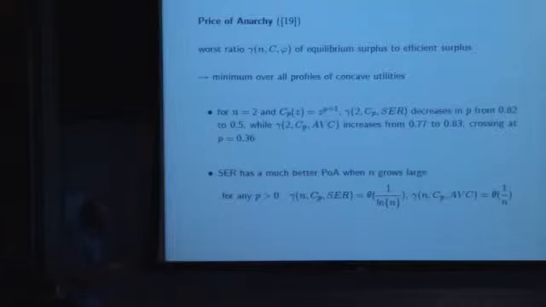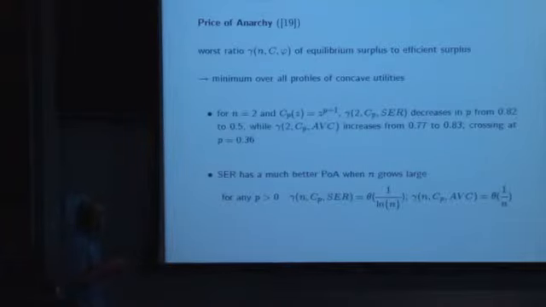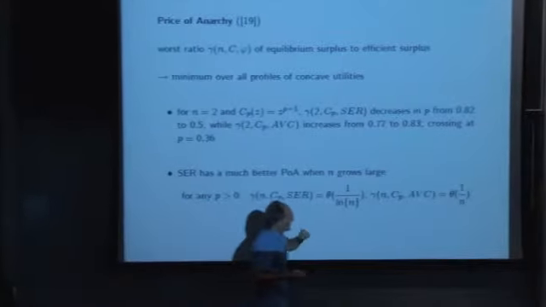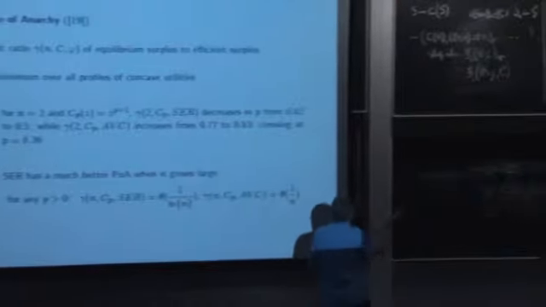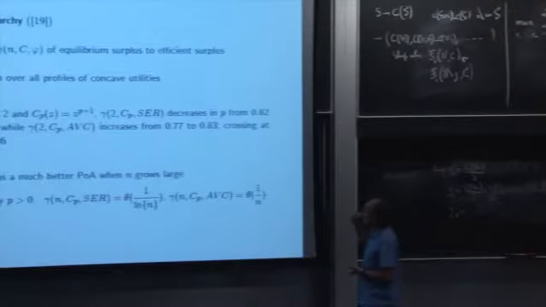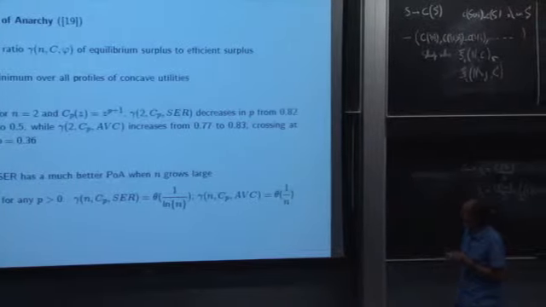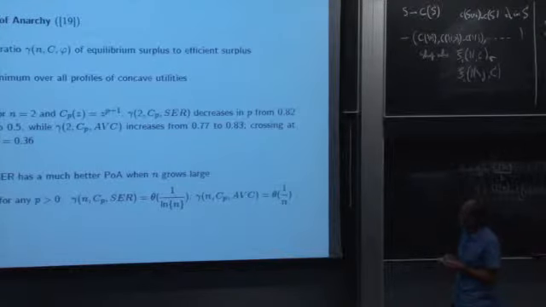It's really the type of result which certainly is improvable. So what are we looking at here? We are looking at the demand game of either the serial mechanism or the average cost mechanism. In the paper I looked at one or two other mechanisms, but these are the two main ones.